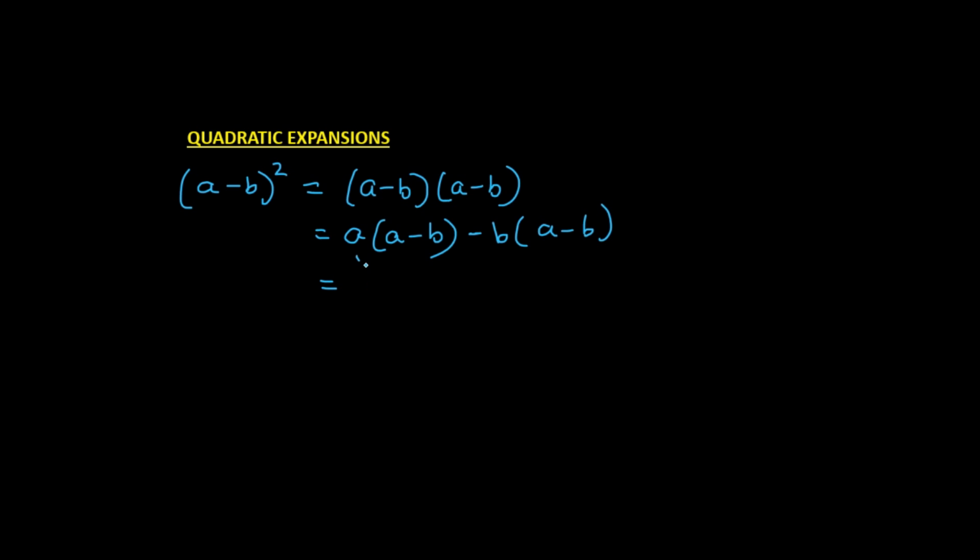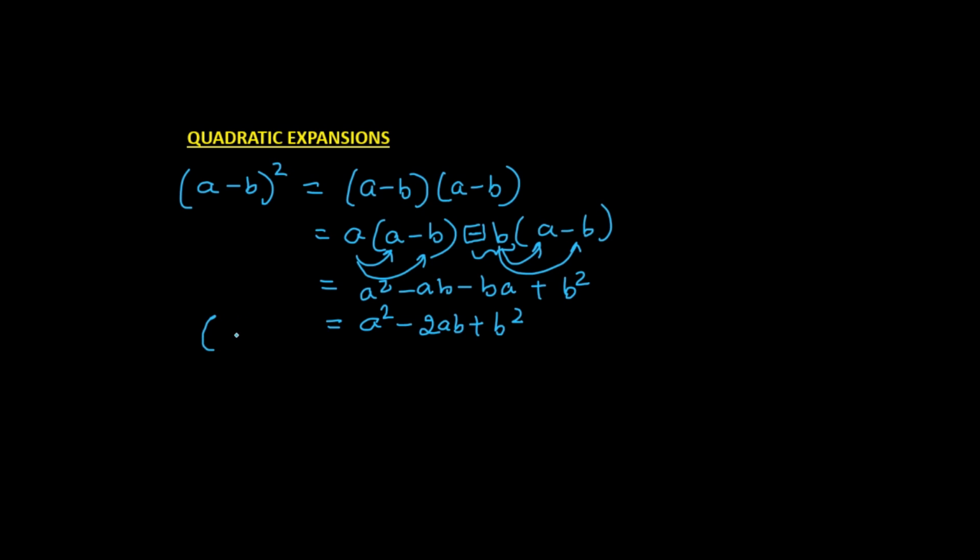So we get a square minus ab minus ba, and minus into minus b makes it plus b square. Remember, whenever you are distributing b, you also have to consider this negative sign while distribution. So you get a square minus 2ab plus b square. This is the second quadratic expansion which we need to know.